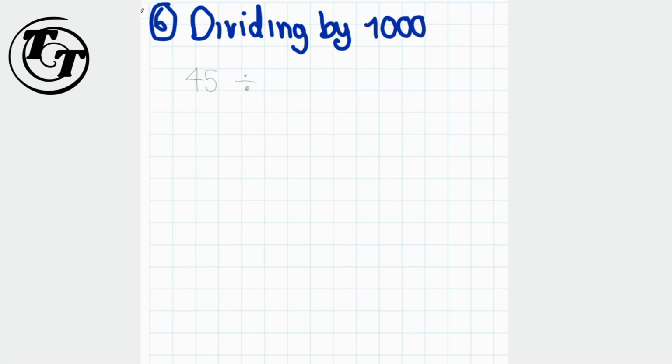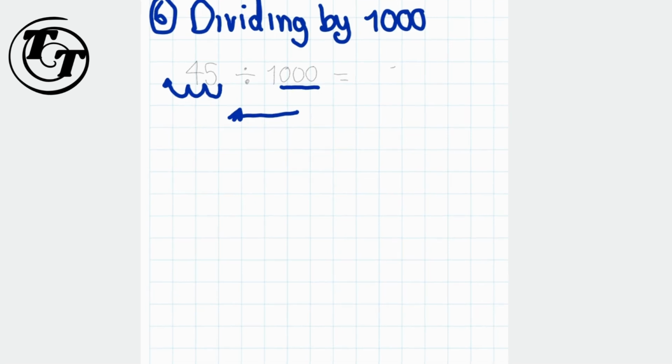Let's see what happens when dividing by 1,000. 45 divided by 1,000. Every number has the decimal point at the end. So we need to jump, as it is dividing, to the left. How many times? 3 times. So we say 1, 2, and 3. But again, Miss Tanya, I don't have enough digits. Remember, our placeholder is 0.